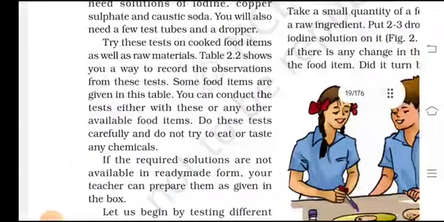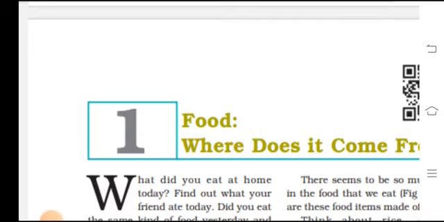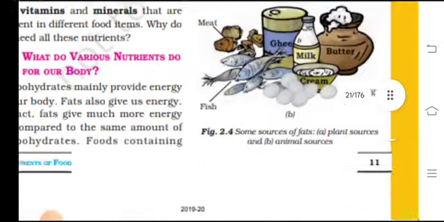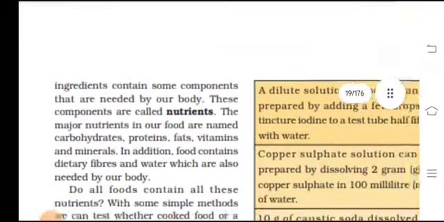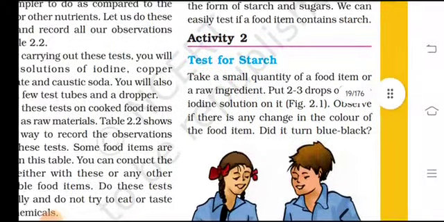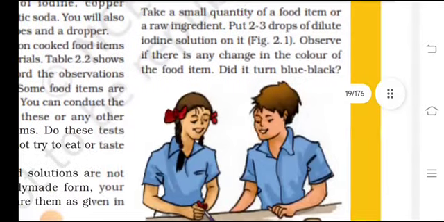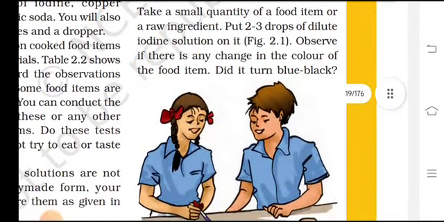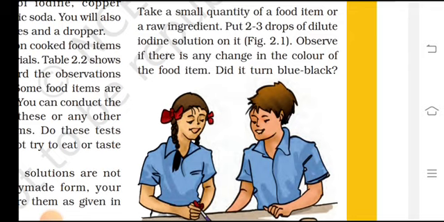Take a small quantity of the food item or the raw ingredient and put 2 to 3 drops of dilute iodine solution on it.